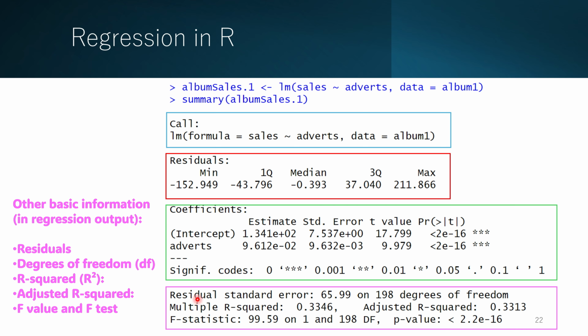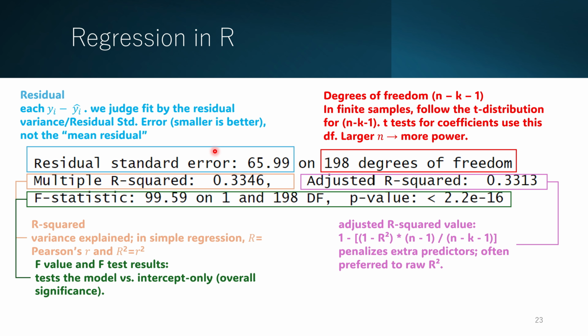This is the residual standard error and degrees of freedom, R squared and adjusted R squared, and F statistic. On the next slide, there are detailed explanations. Residuals, each y minus y hat; we judge fit by the residual variance and residual standard error, not the mean residual.